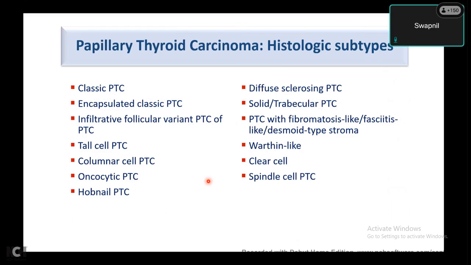Okay, so classical PTC can have varied patterns, but as long as the individual cell patterns, the tall cell, the columnar cell, or whatever patterns do not cross 30% of the total tumor that we have examined, the diagnosis can be classic PTC. Although if I see too many of these aggressive patterns, I tend to not call it classic PTC.